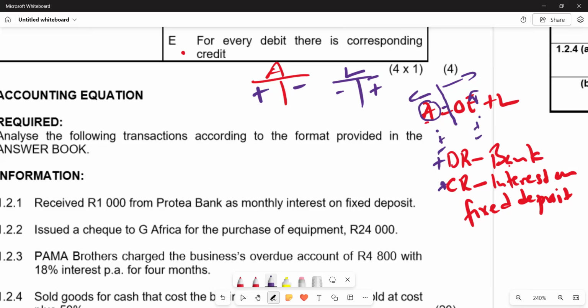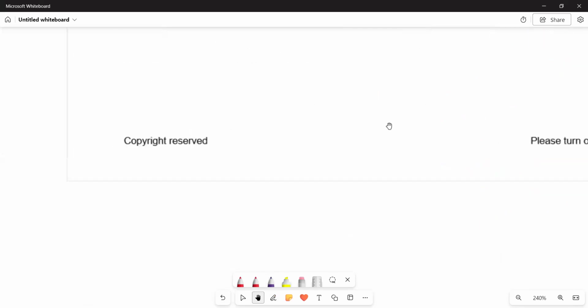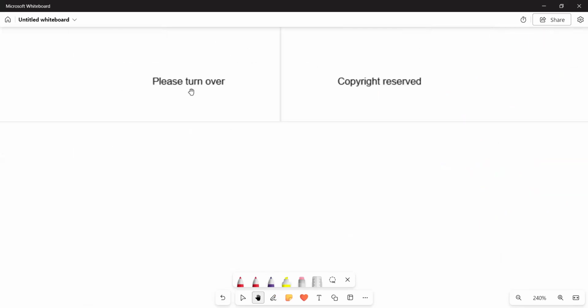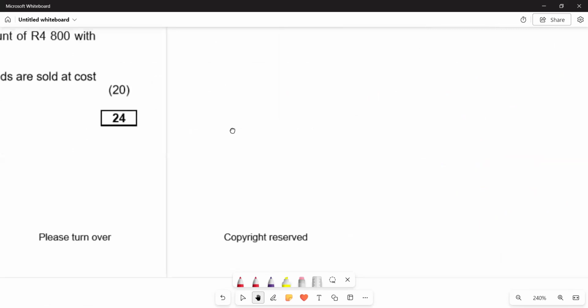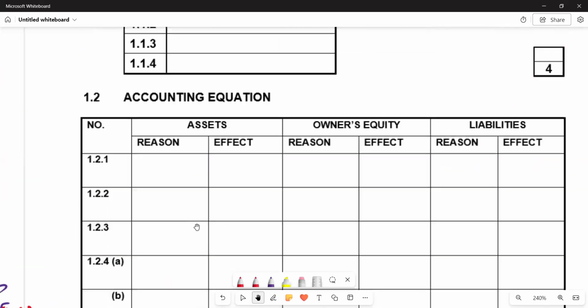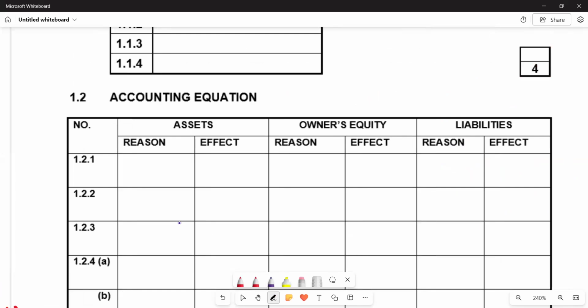So we can go to our answer section and try to adjust as such in terms of our 1,000, whereby we are going to have a plus under assets and also a plus under owner's equity. So this is our presentation of the accounting equation.